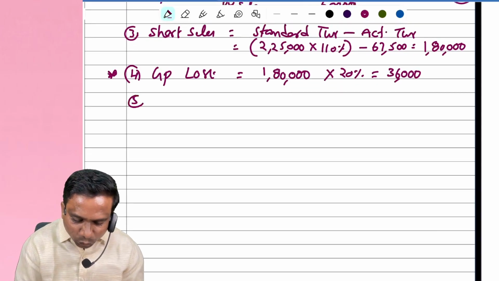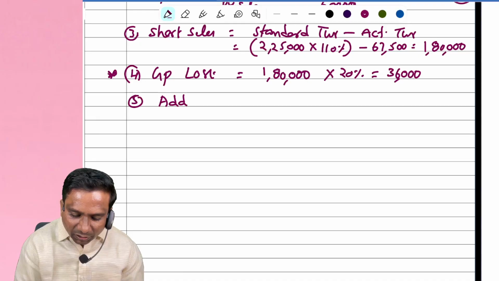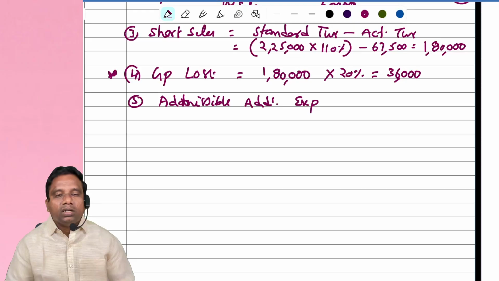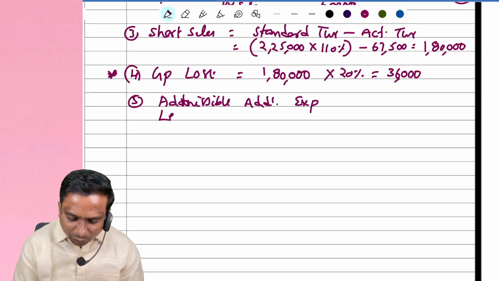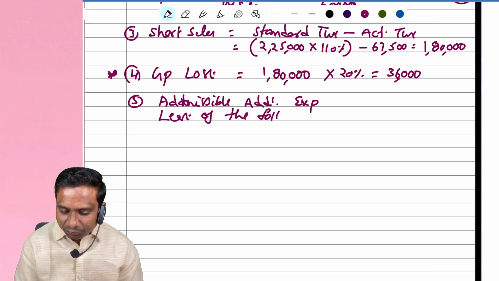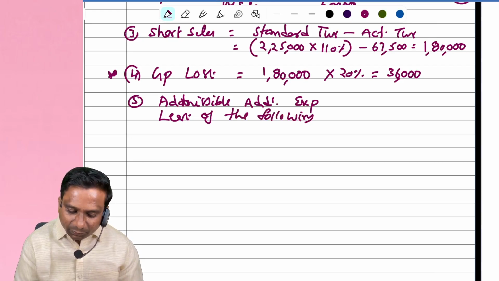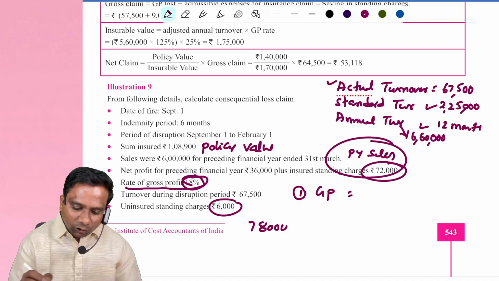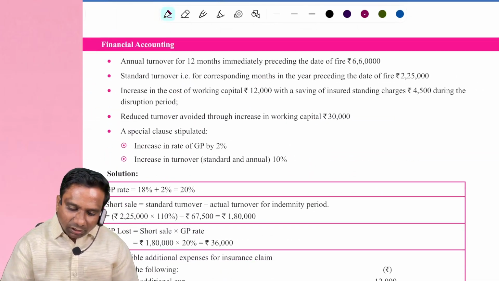But fifth step is what? Calculation of admissible additional expenses. Here they said a list of the following. Look at the problem and identify how much is actual additional expenses.